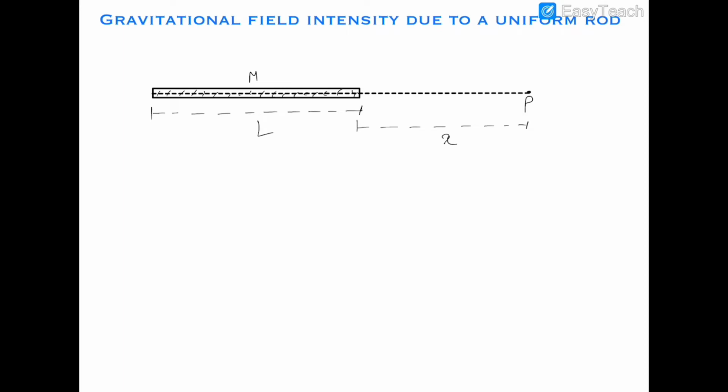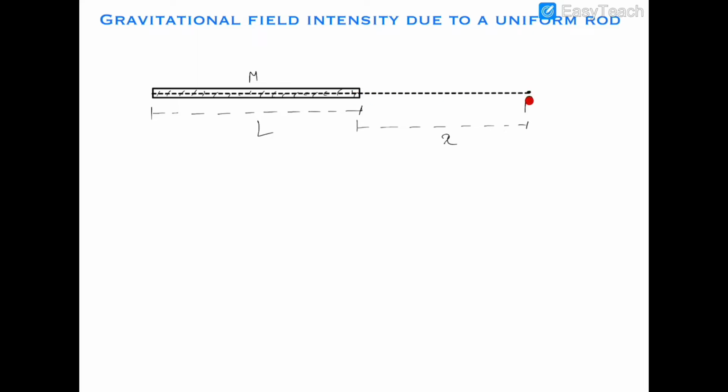In this video, we'll discuss the derivation and the formula for gravitational field intensity due to various extended objects. So first of all, let us take a rod, and this rod has a mass m and length L. Now we are finding out the gravitational field intensity due to this rod on its axial point.